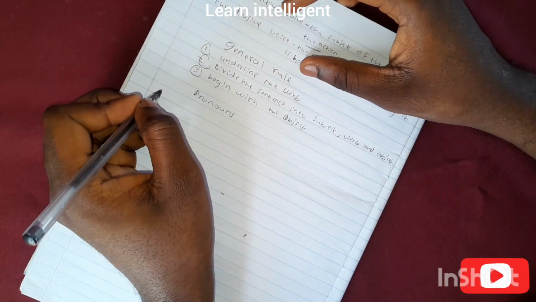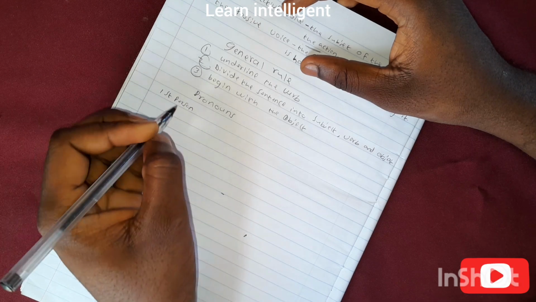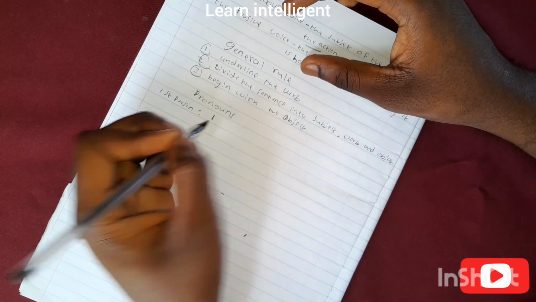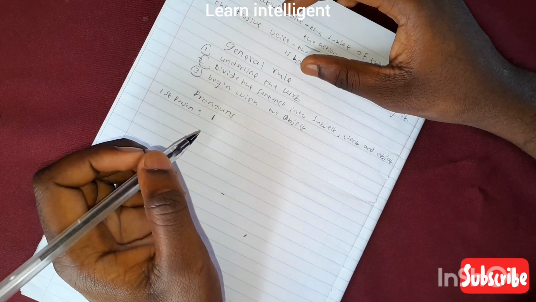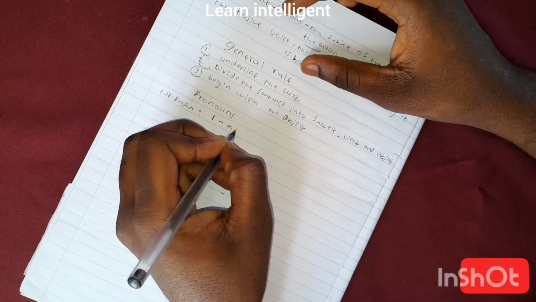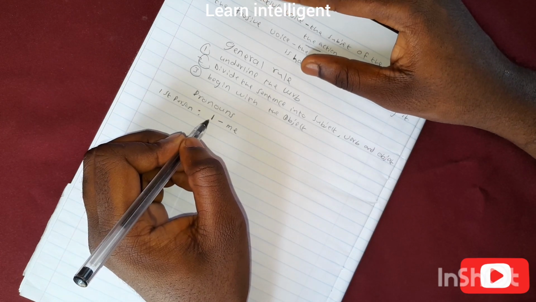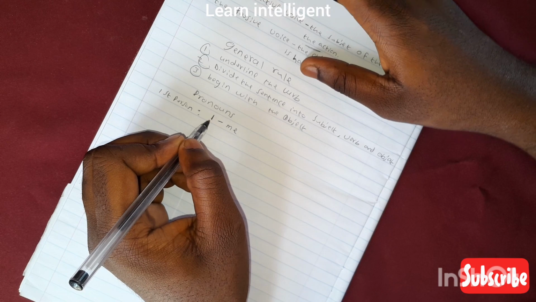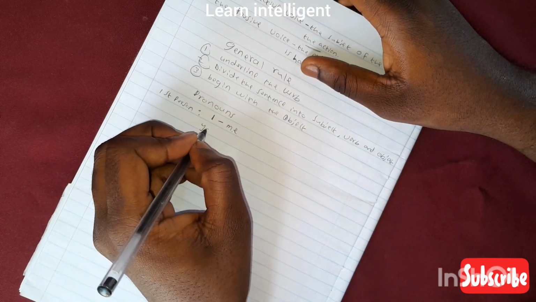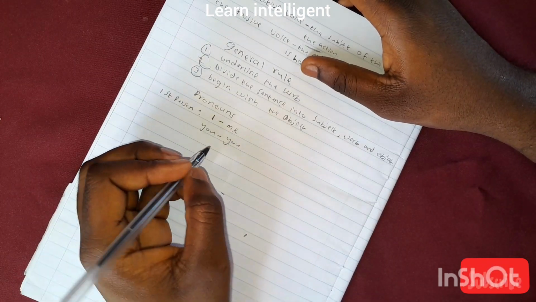So firstly, we have the first person pronoun, which is I. I is the subject. When you change the sentence from active to passive, the I will change to me. You will change to you.